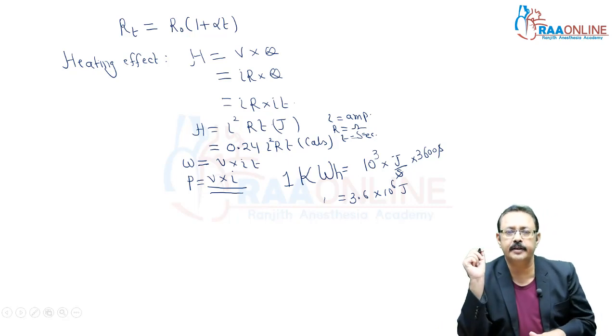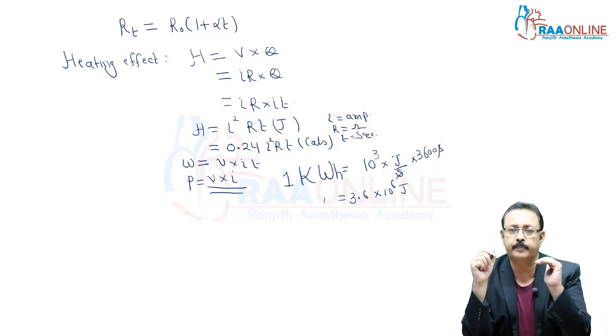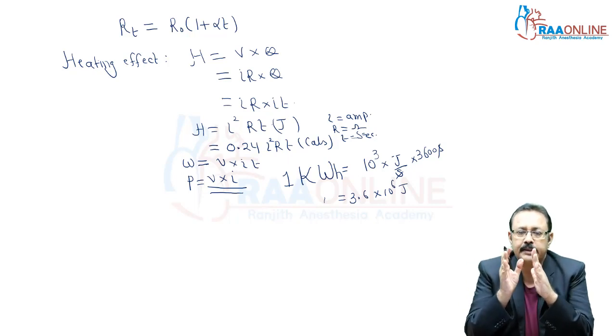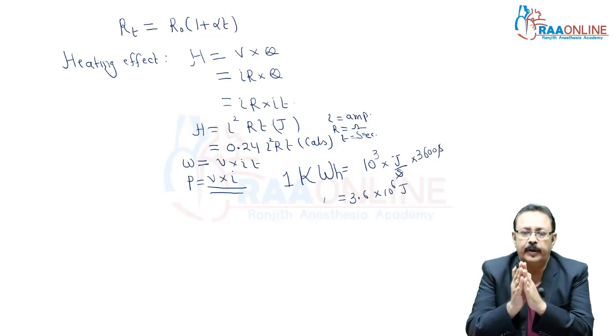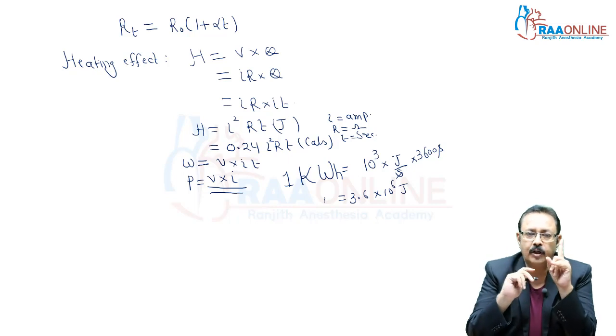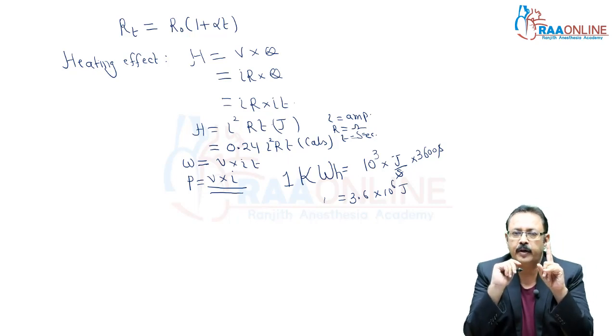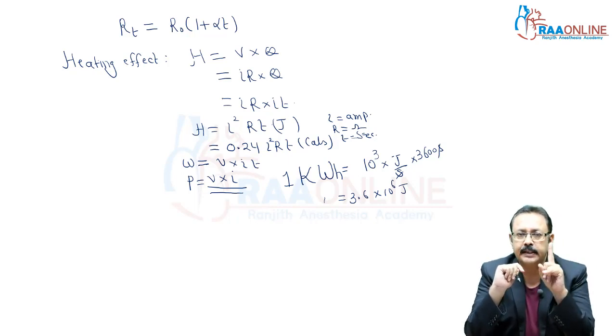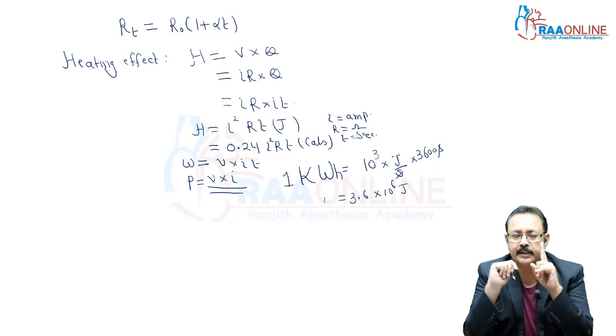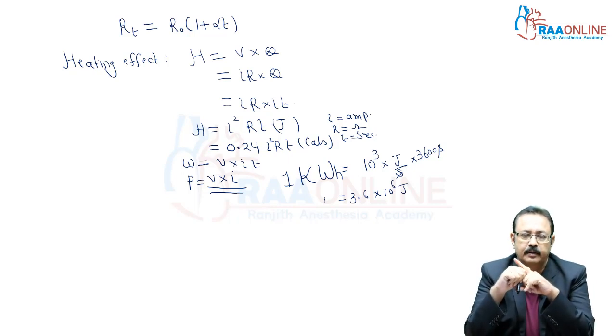So the energy you are consuming for domestic purposes is counted in kWh. 1 kilowatt hour means when you are consuming 3.6 into 10 to the power 6 joule, the electricity board will say you consumed 1 unit of energy.